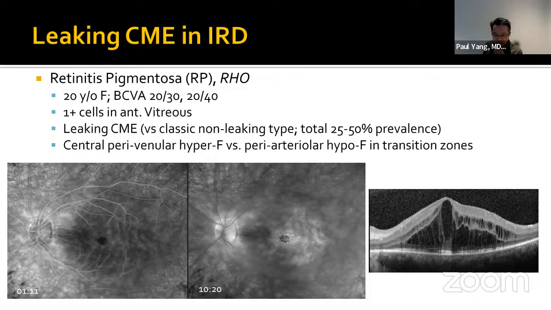So when you look at that, you might be inclined to think it's some sort of vasculitis, but I don't think it is. It's probably due to a difference in the metabolic state of the degenerating retinal tissue, and thereby giving you a differential in the fluorescence pattern between the periarterial areas and the perivenular areas.